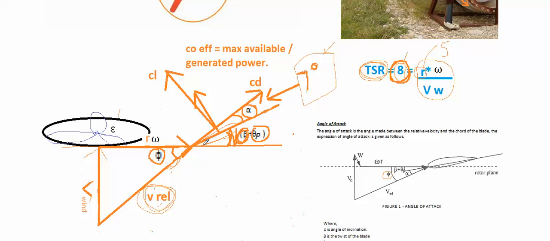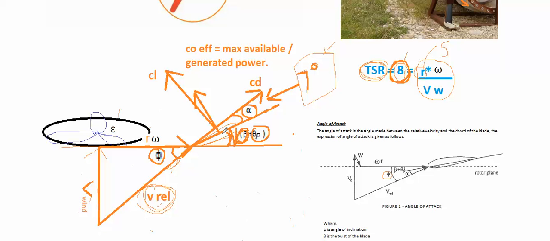So I reckon it should be quite clear to you now that as the tip speed ratio changes, this angle of inclination phi changes, and we want alpha to be 7 degrees, and beta is designed for a tip speed ratio of 8. But the tip speed ratio has changed, say for example to 9 or 10.